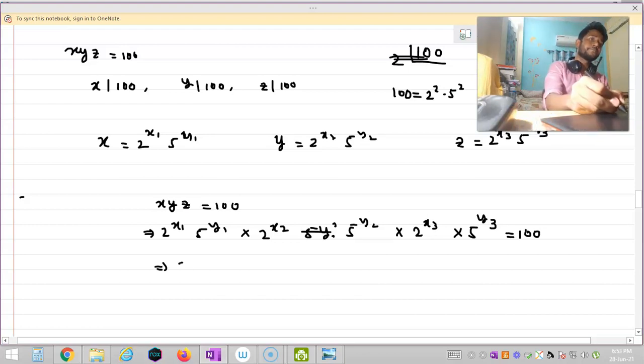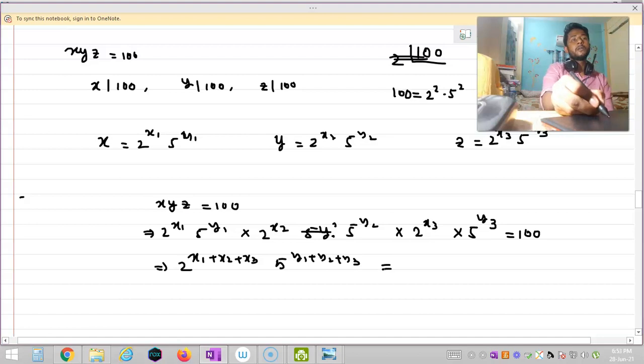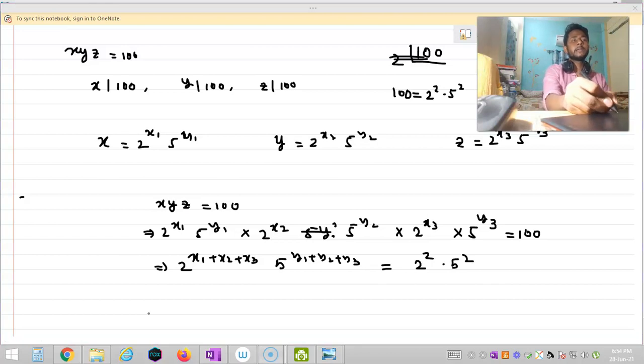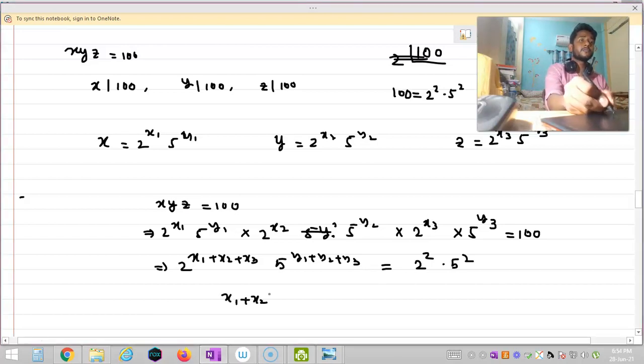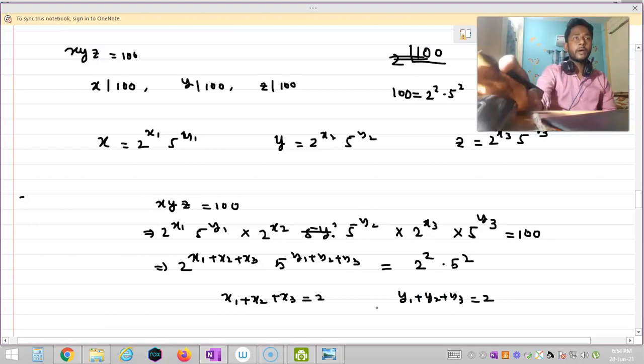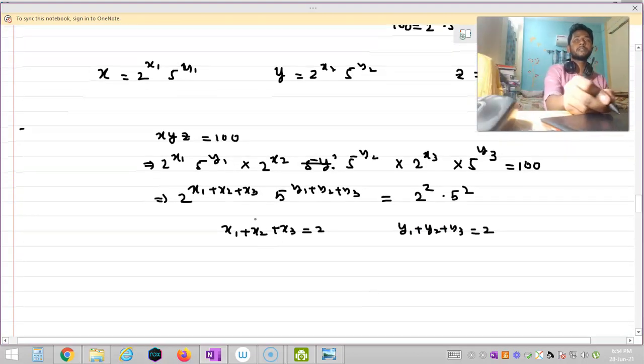So I can say that 2 to the power (x1 + x2 + x3) into 5 to the power (y1 + y2 + y3) is equal to 2 to the power 2 into 5 to the power 2. From this I can say that x1 + x2 + x3 is equal to 2 and y1 + y2 + y3 is equal to 2. So I have to find the non-negative integral solutions of this equation.